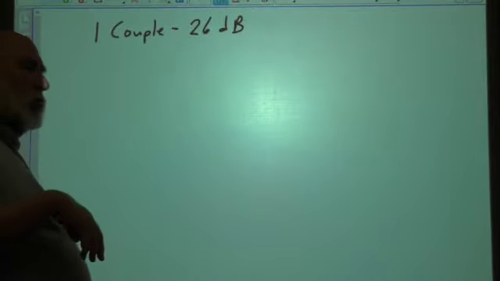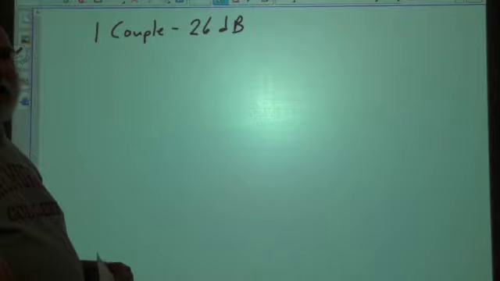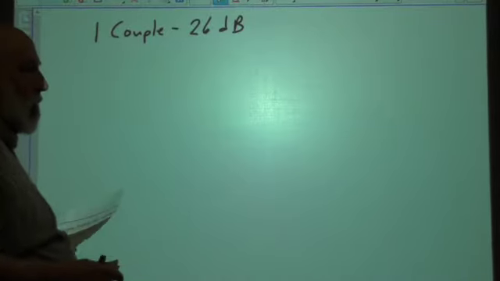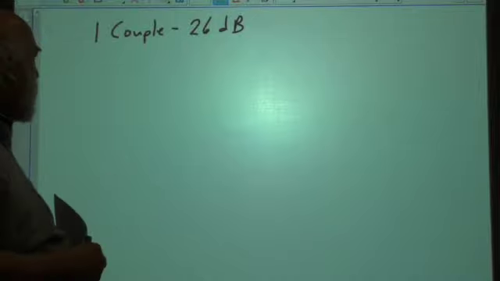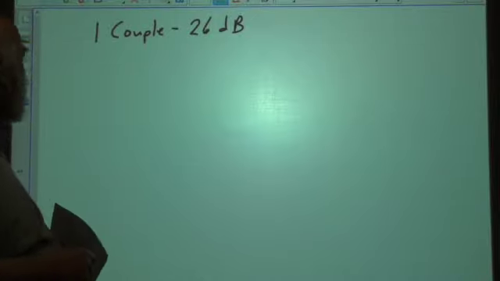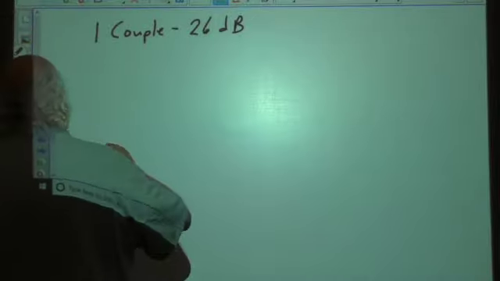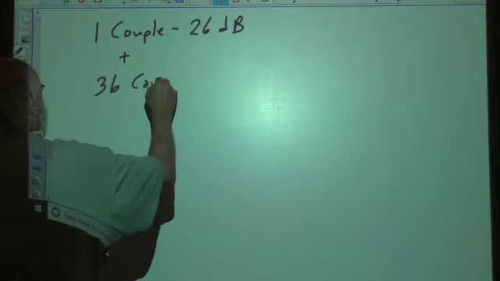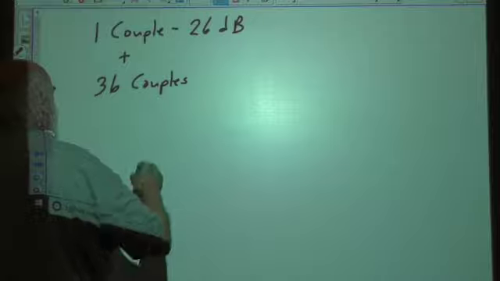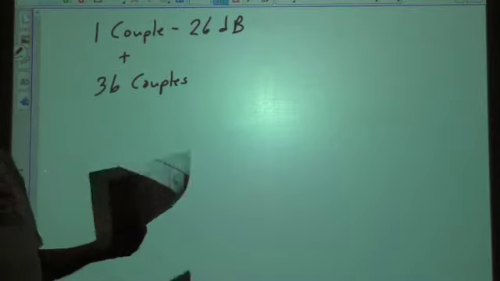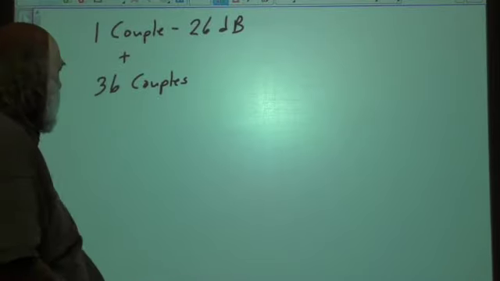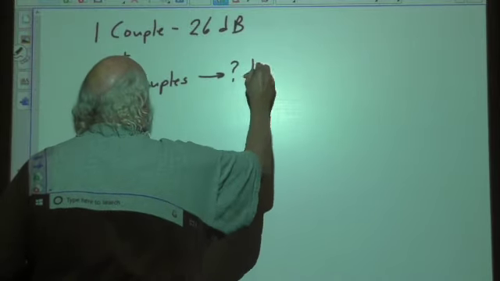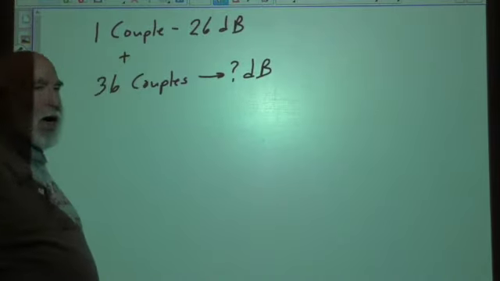Then they go to meet some friends at a little gathering in a room at a motel or hotel or something, and there's actually 36 more couples. And let's say they all talk at approximately the same level. And so the question is, how many decibels is that gathering going to have?